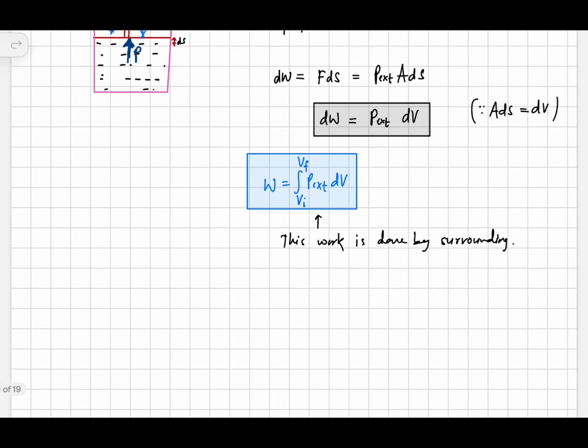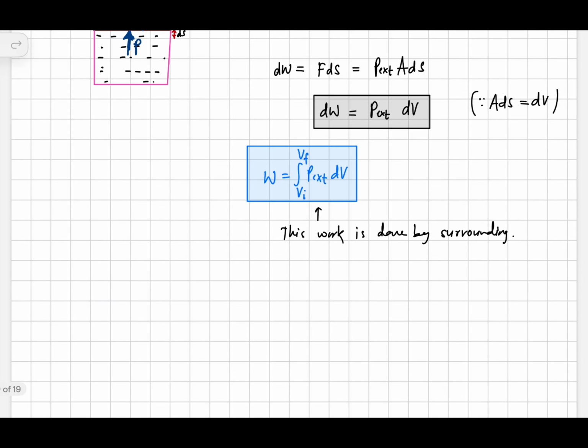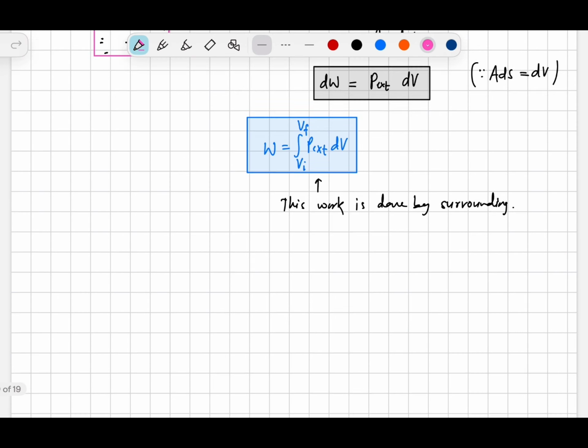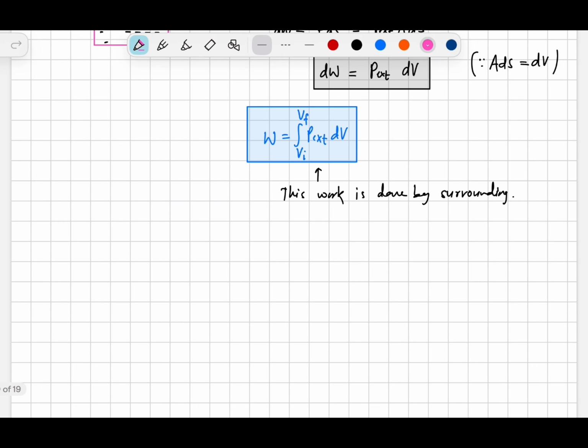So if you see that this work done is depending on the external pressure, and we don't know what is the external pressure, right? Because many times we don't know what the external pressure is, and external pressure is not in our hand.